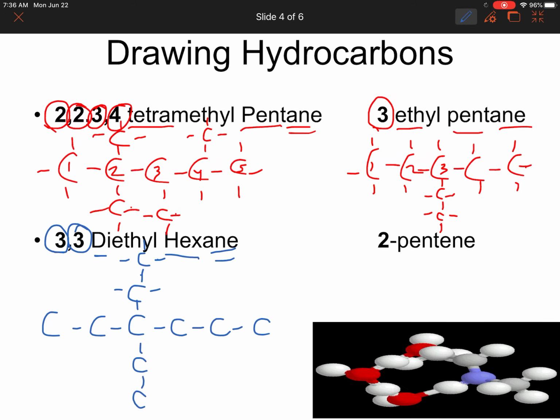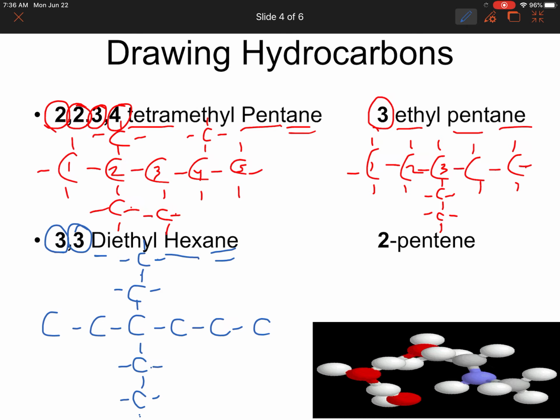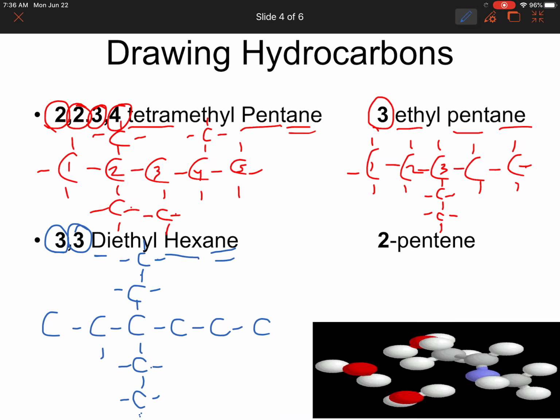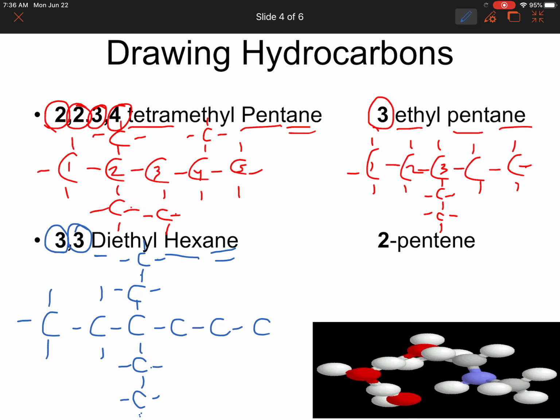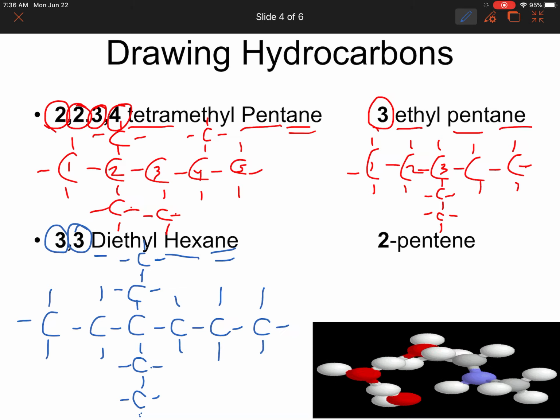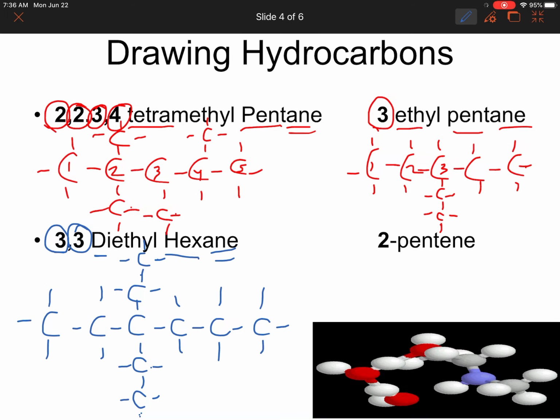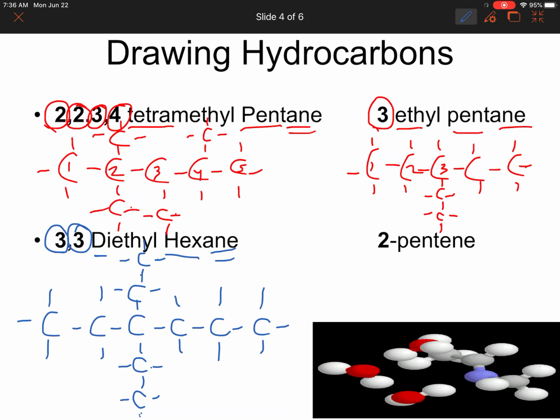And there's 2 carbons in a row going down. That's another ethyl, diethyl. 3,3-diethylhexane. All right, hit pause and try 2-pentene.